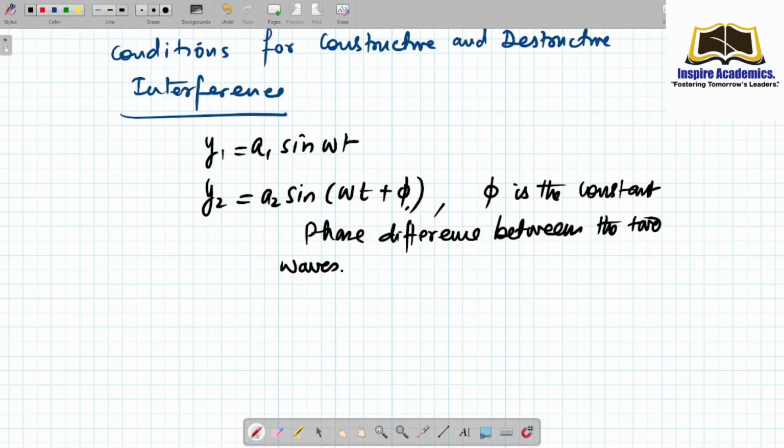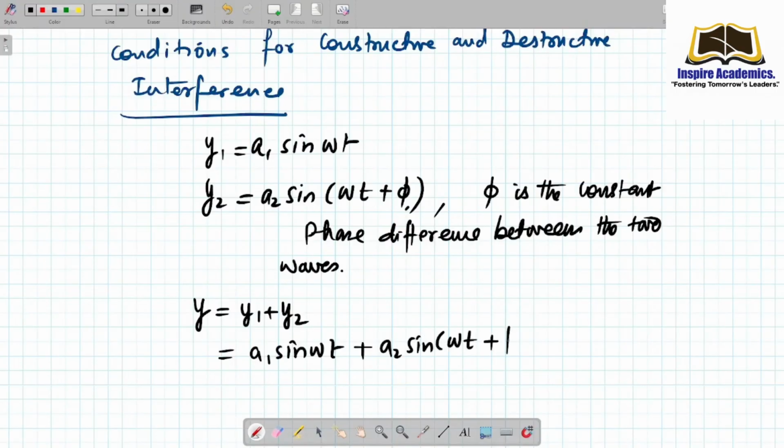All right. Now, since we are supposed to use superposition principle, that means the two waves are superposed and the resulting amplitude y would be y1 plus y2. So let us just add them, a1 sine omega t plus a2 sine omega t plus phi.